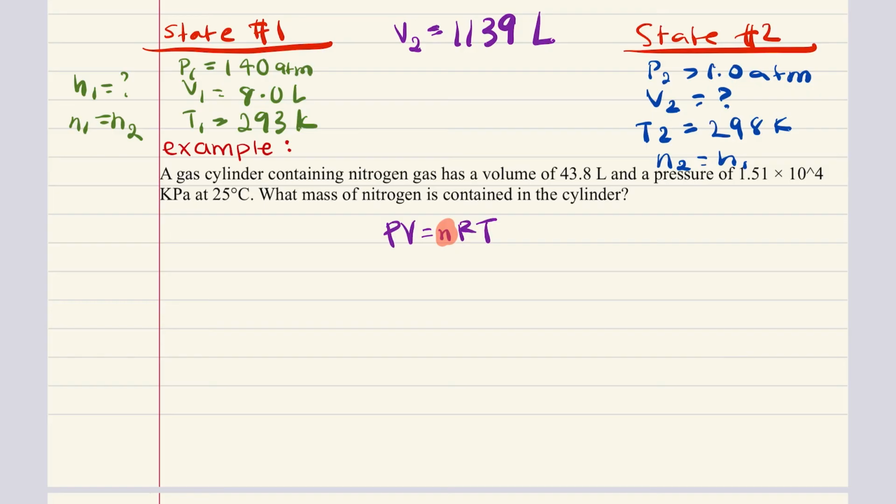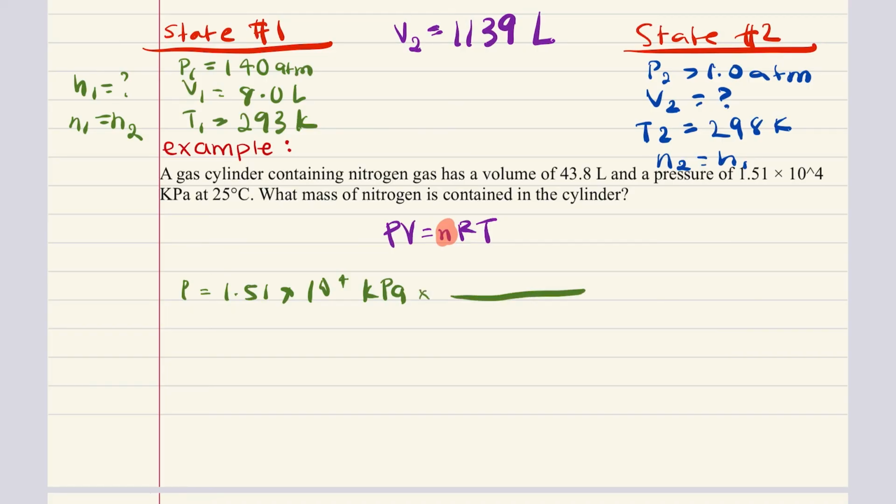Okay, let's first start with writing down all the things that were given to us in this problem, converting them into their right units. All right, we're given that pressure is equal to 1.51 times 10 to the 4 kilopascals. We need this in units of atmosphere, because our ideal gas constant has units of atmosphere. So we're just going to convert this to atmosphere.